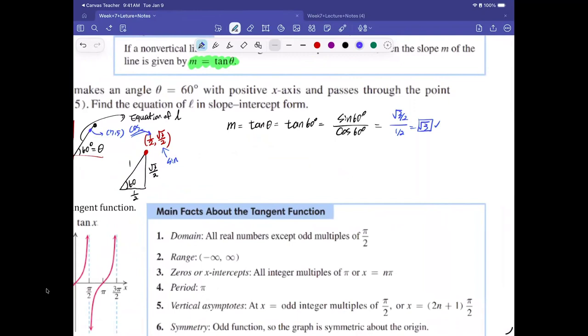So the line is passing through 7 comma 5. We can use y minus y1 equals m times x minus x1 and plug in that formula. This is x1, this is y1, and this is the slope. So y minus 5 equals square root 3 times x minus 7.